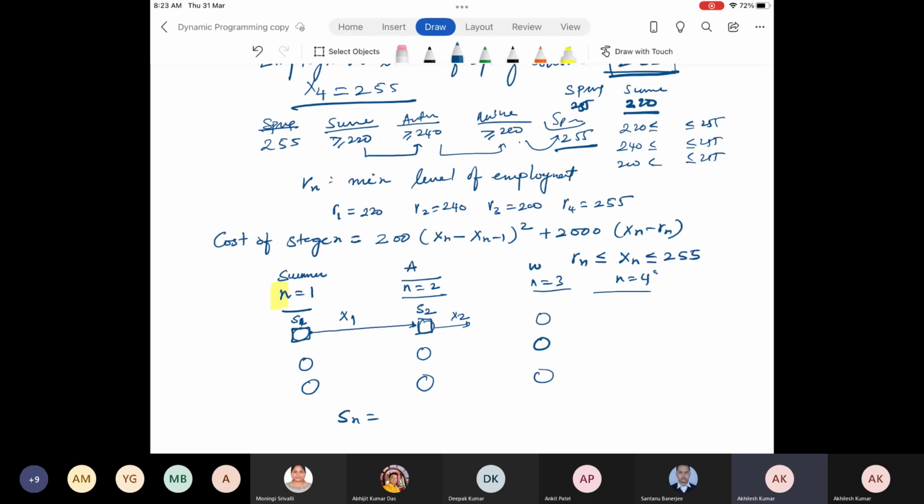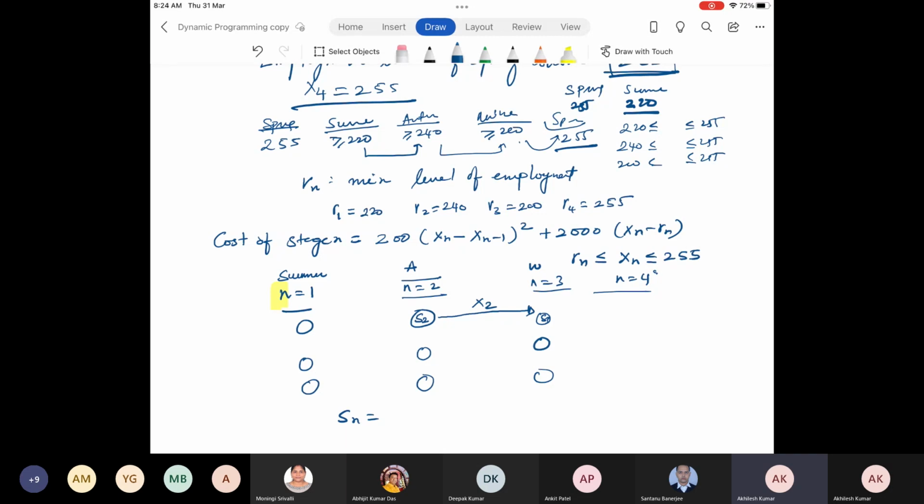Better to understand not from S1 but S2. Okay, let me try to explain it with S2. Then I will come to S1. Suppose this is my state S2. I will take a decision here that will take me to S3. Is this correct?